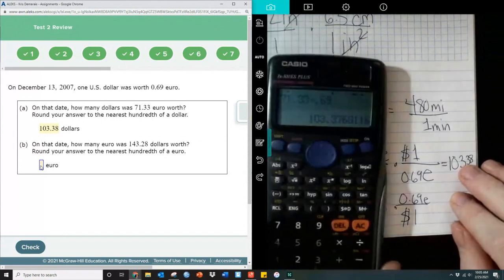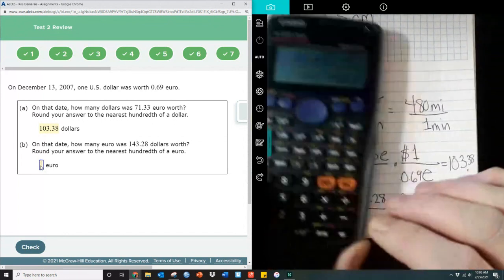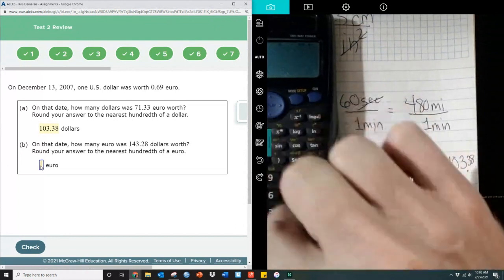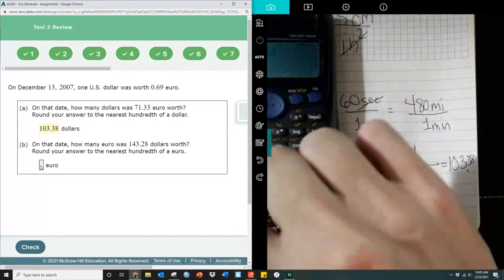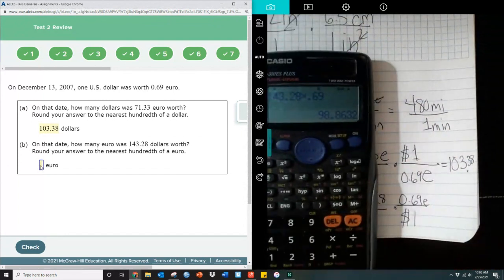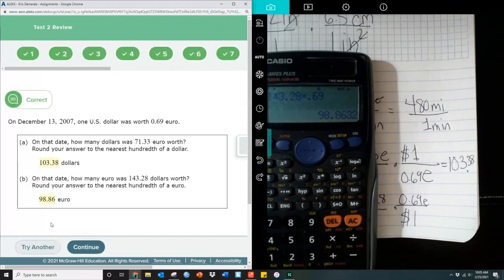So now we're going to multiply. Taking 143.28 times 0.69, we get our answer, 98.86. All right.